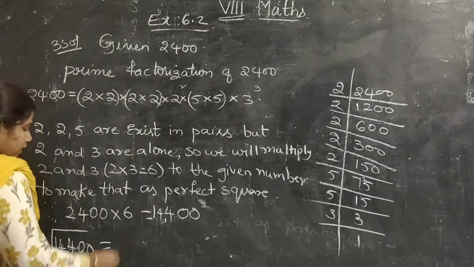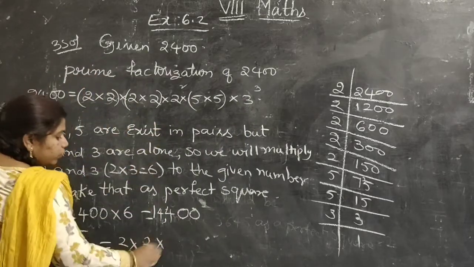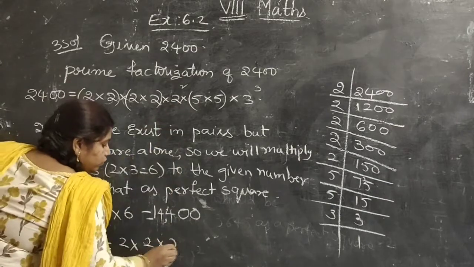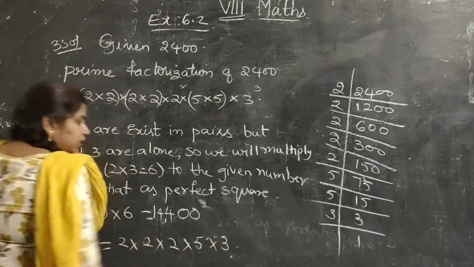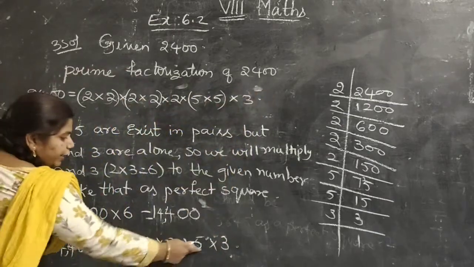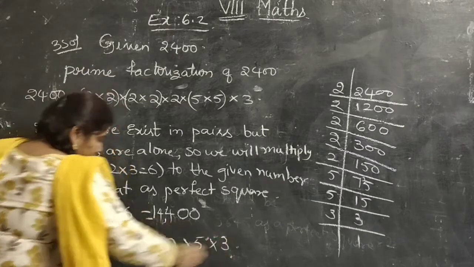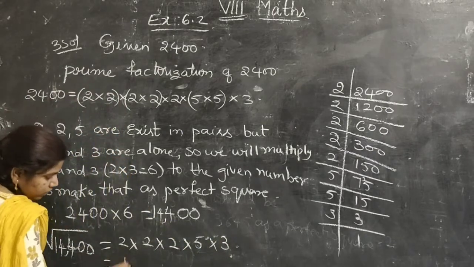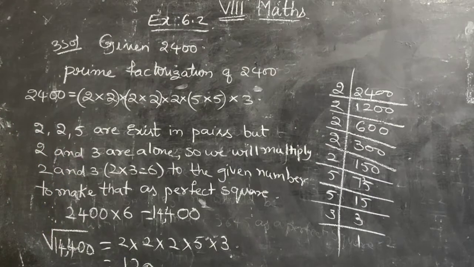So that will be 2 into 2, one more 5, into 3. Just multiply the terms: 5 2s are 10, 10 2s are 20, 20 2s are 40, 40 3s are 120. So 120 into 120 will be equal to 14,400.